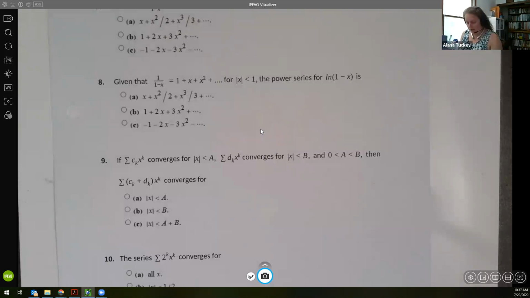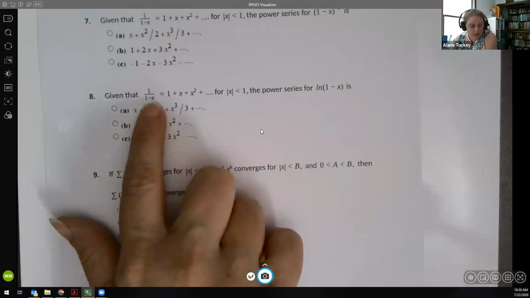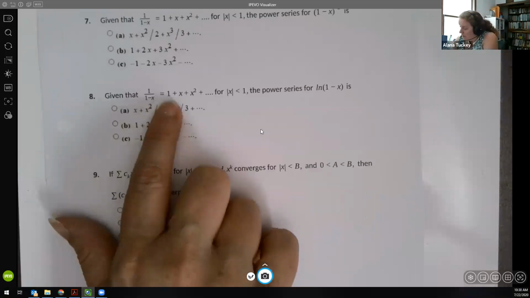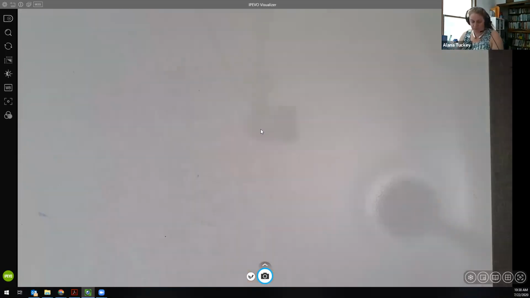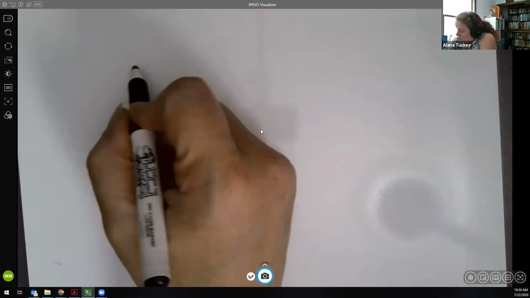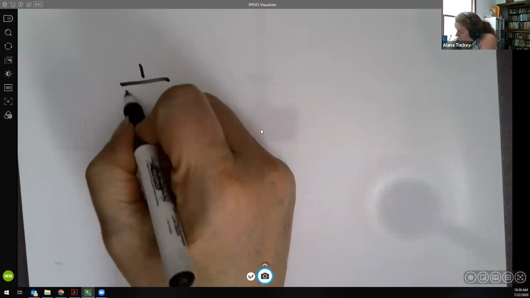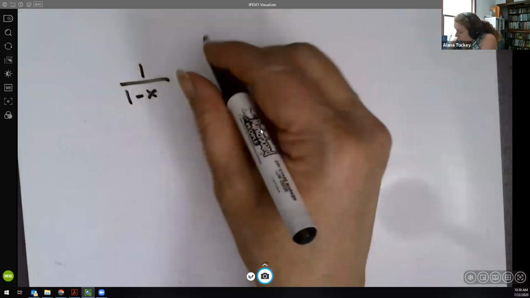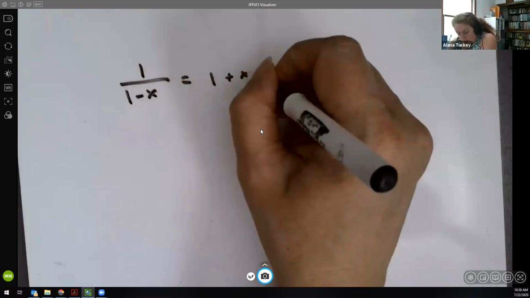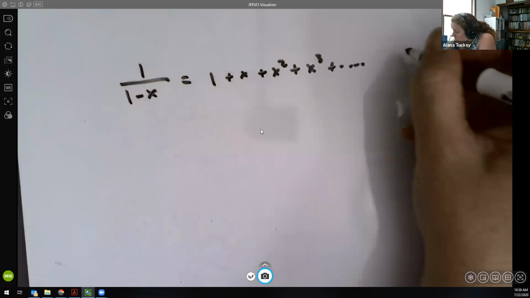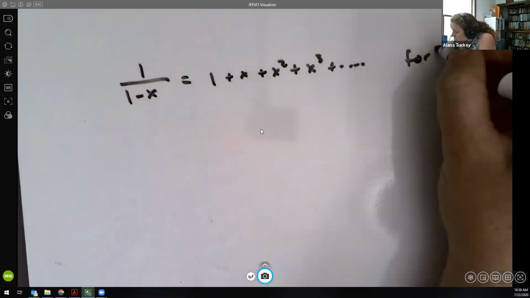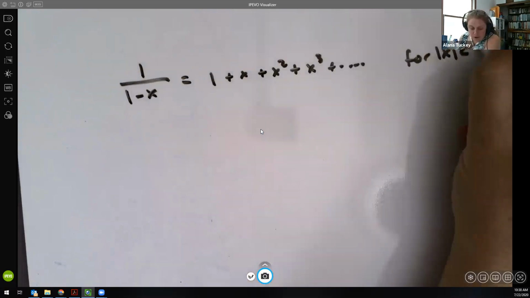All right, so we have a series: 1 over 1 minus x equals 1 plus x plus x squared plus x cubed plus blah, blah, blah, for the absolute value of x less than 1, because that's your interval of convergence.